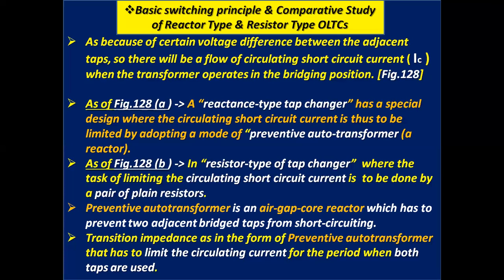Preventive auto-transformer is an air gap core reactor which prevents two adjacent bridge taps from short circuiting. Transition impedance, in the form of preventive auto-transformer, limits the circulating current for the period when both taps are used.